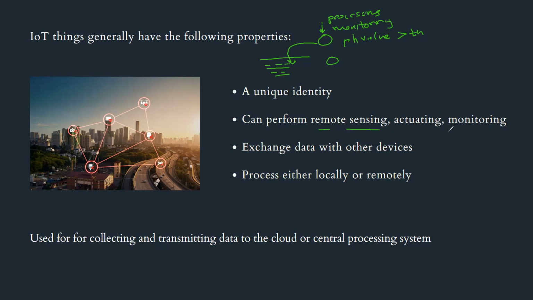So they are almost similar tasks, but sensing is not doing any complex task, whereas in monitoring, we can do the monitoring at the environment itself and make some decisions.